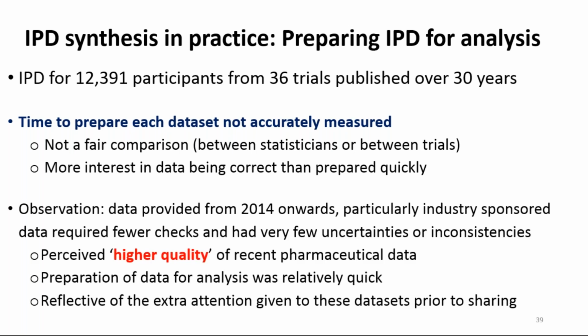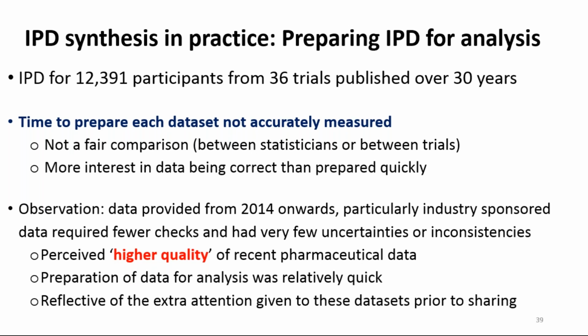But an observation, a personal observation, as I looked at all 36 data sets that we had, the data provided from 2014 onwards, particularly from the industry-sponsored trials, definitely required fewer checks and had very few, if any, uncertainties or inconsistencies within the data sets that we needed to discuss with the sponsors who provided the data.